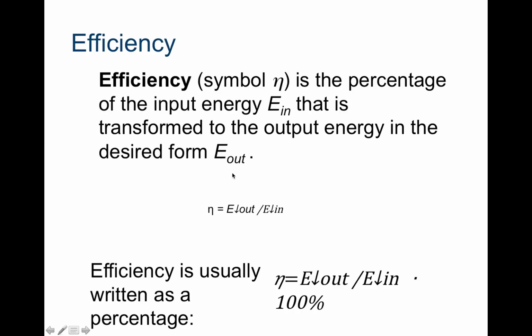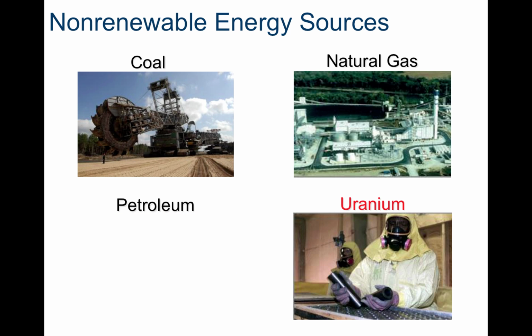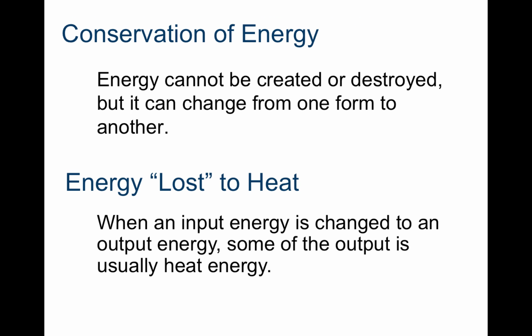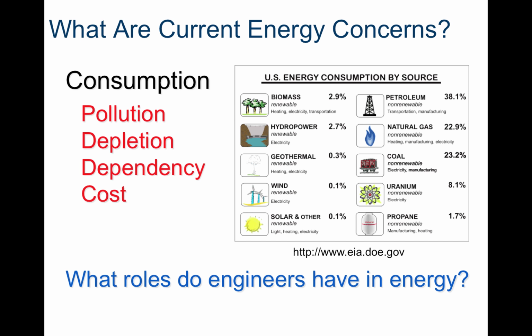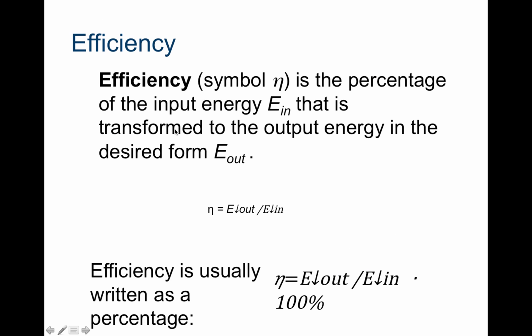So you're not thinking of the total output. The total output should be 100%, right? Energy can't be created nor destroyed, so the energy input is really going to be the same as the energy output. However, the efficiency is the percentage of the input energy that is transformed to the output energy in the desired form.